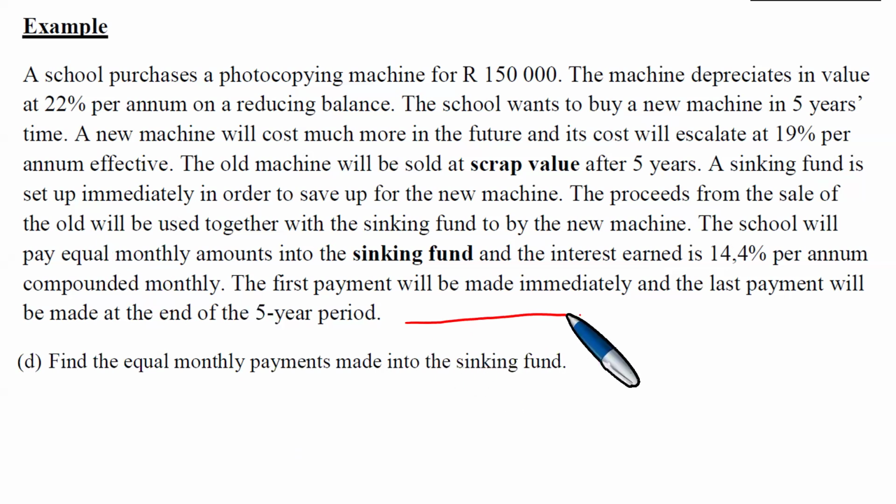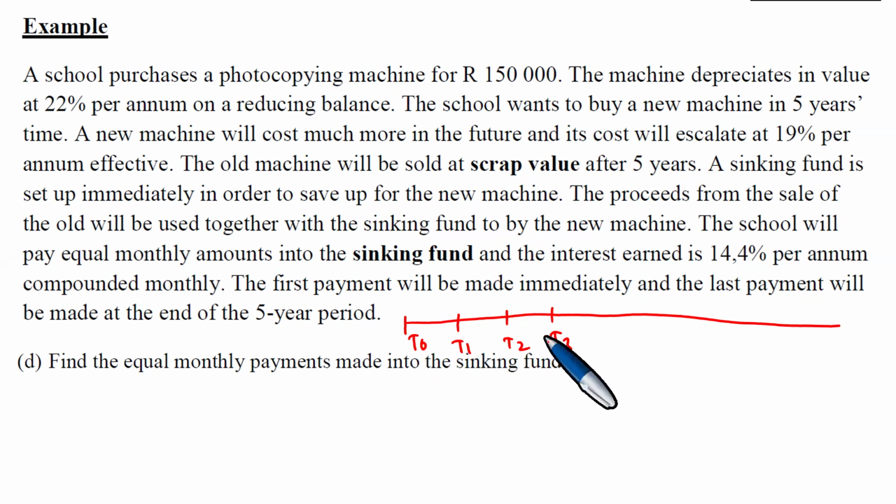We have a timeline, and we're able to see that at this point we want to find the equal monthly payments made into the sinking fund. We have T0, T1, T2, T3, like so.